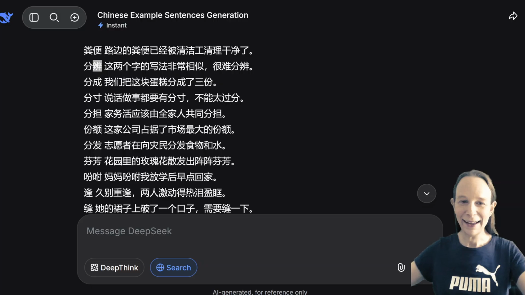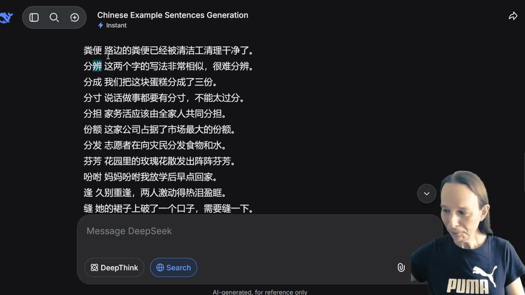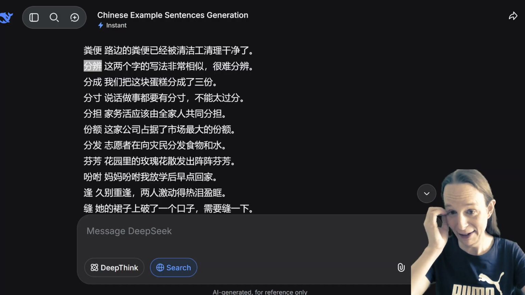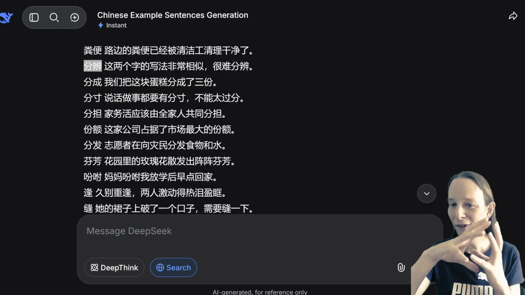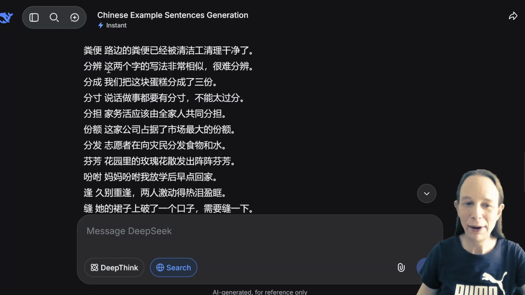All right, 分辨. I presume it's in that ballpark. So we're differentiating. We've got something we've got to differentiate from, like put it in a category, find a way of identifying what it is. 这两个字的写法非常相似，难以分辨.